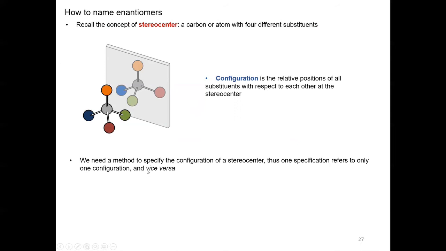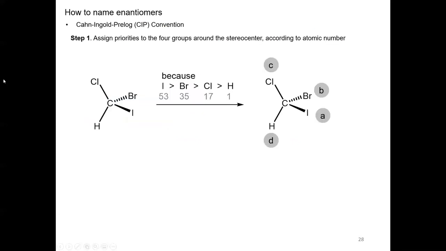So we need a method to specify the configuration of the stereocenters. Thus one specification refers to only one configuration, and vice versa. One configuration has a unique name, a unique assignment. What we are going to teach here is called the Cahn-Ingold-Prelog convention, CIP convention, or CIP rules.